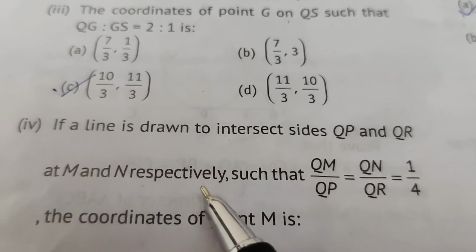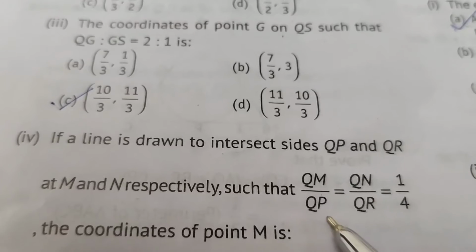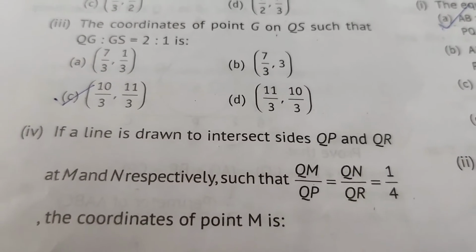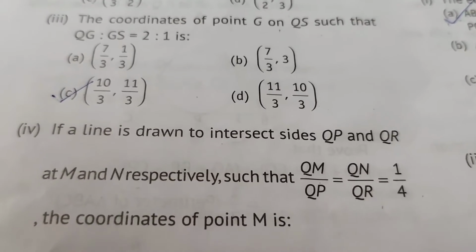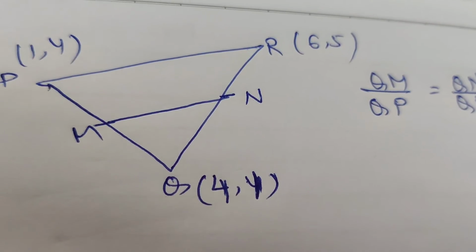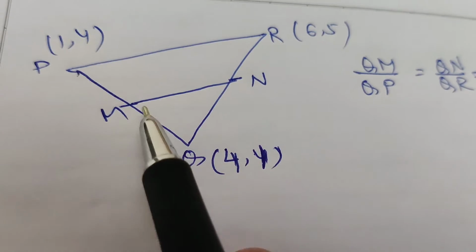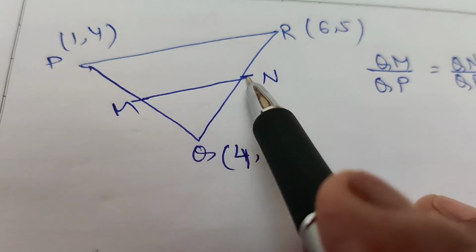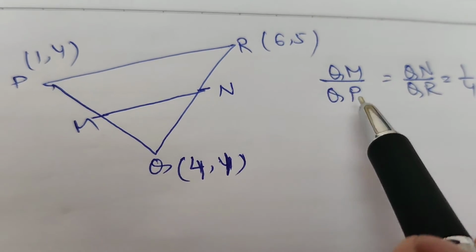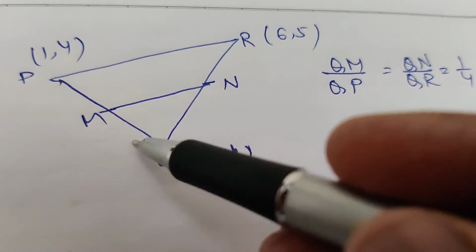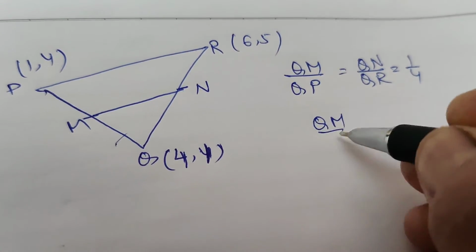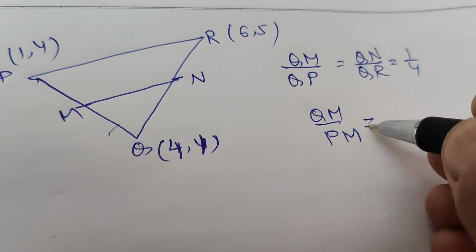Now fourth, if a line is drawn to intersect the sides QP and QR at M and N respectively such that QM upon QP, QN upon QR is 1:4, the coordinates of point M is. This is a figure of triangle PQR. M and N intersect PQ and QR at the points M and N. It is given that QM upon QP is 1 to 4, but we need the ratio of QM upon PM.